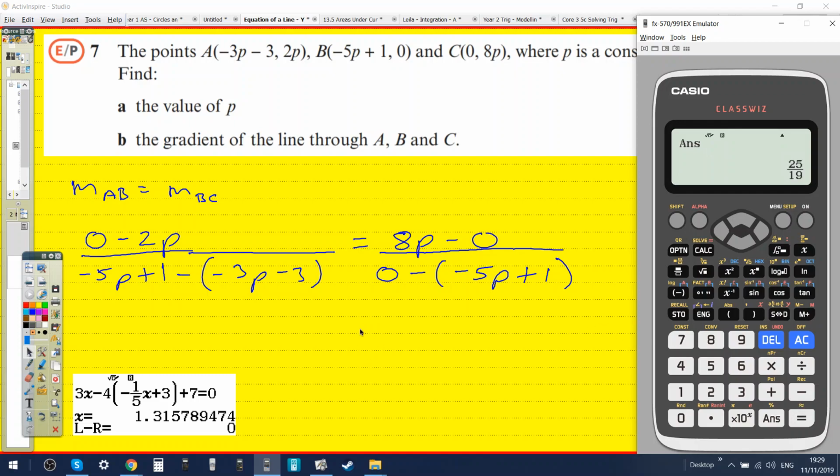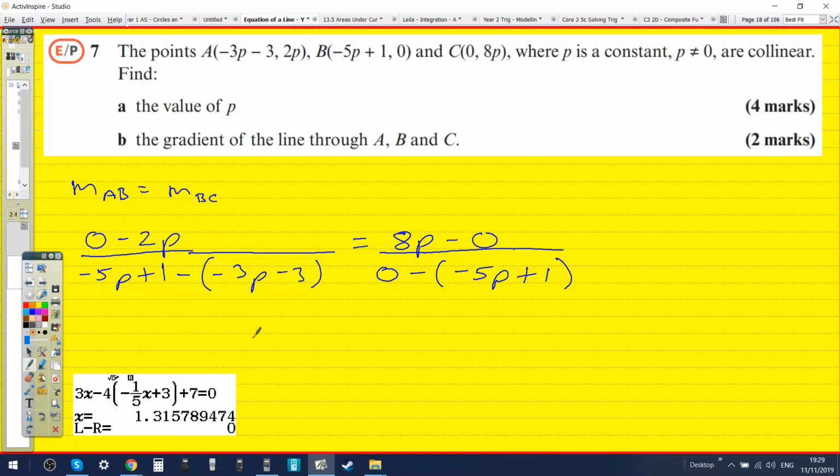I got P as 5. Sounds good to me. P is equal to 5. So this only gets you one solution.